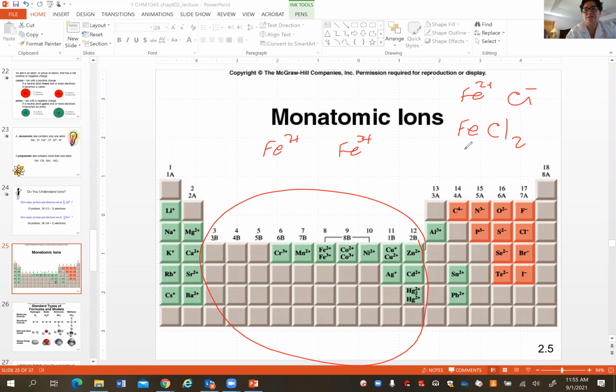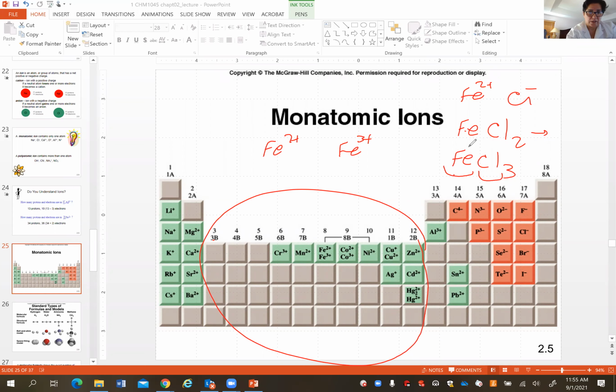And then you see there is a formula written as FeCl3. If they give you this formula and you try to name it, how would I name this? It's a binary compound. I have to write iron, then the root name of the anion and then -ide. So this would also be iron chloride.